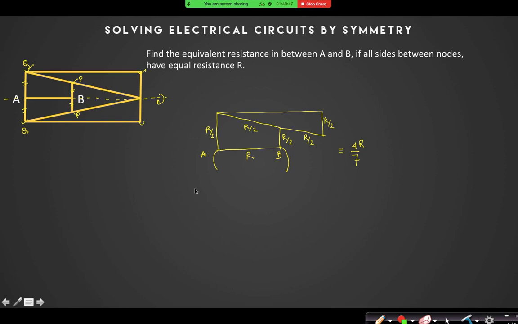Suppose in the circuit there are only these two points: this is B, this is P, this is P, right? Forget about all the other resistors.